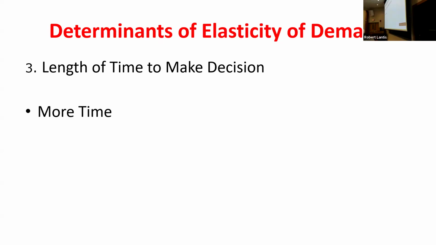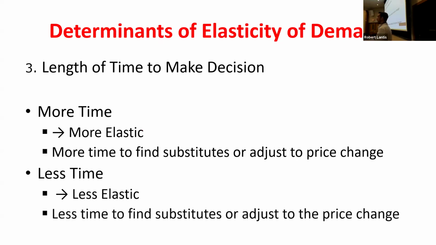I can wait and try to find a better price in the future, right? So the more time you have to make a decision, what can you find more of? More substitutes. If I have more substitutes, we said that would make demand more elastic. Now, on the flip side, if I have less time to make a decision, let's say I need to be somewhere and I need to fly out tonight.